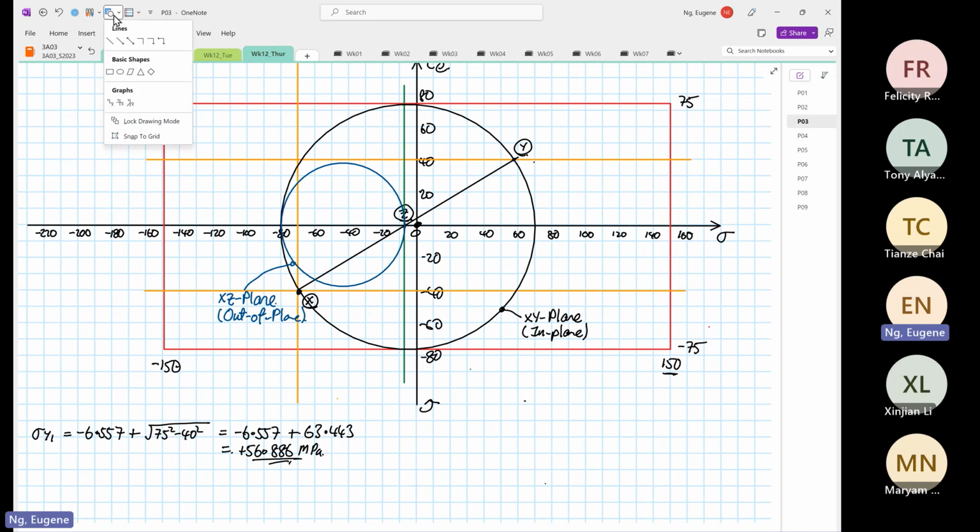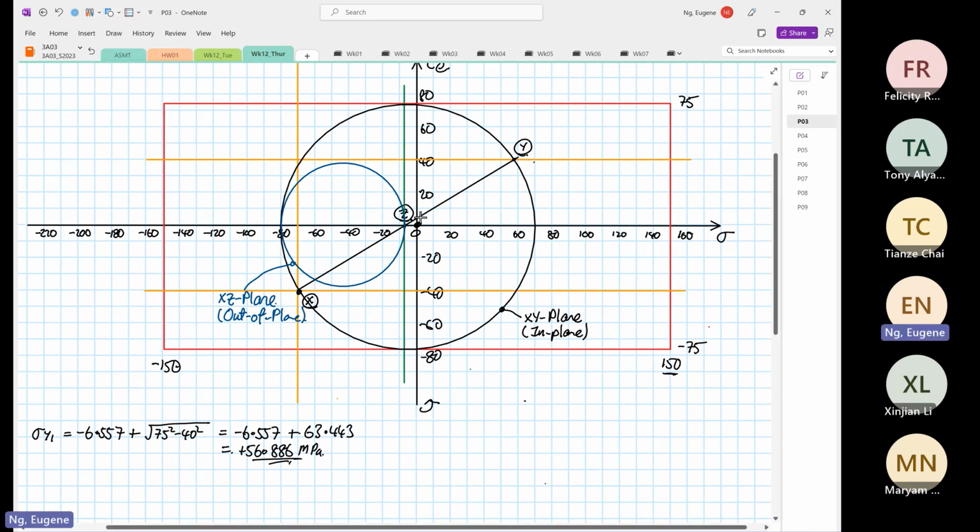And the last circle, I'm going to sketch this circle over here.